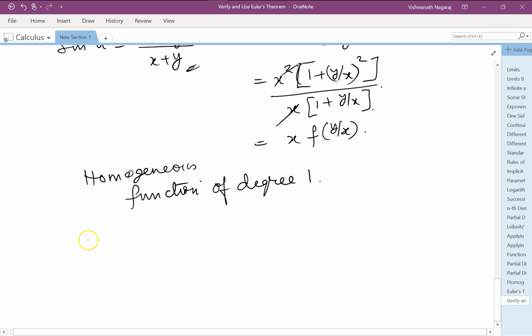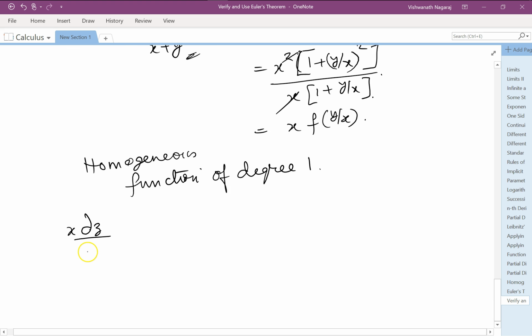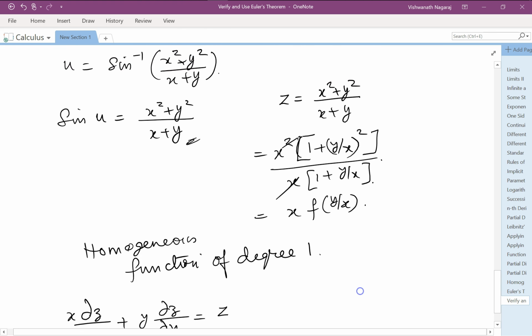So x dou z by dou x plus y times dou z by dou y is equal to 1 times z. Let's find this, multiply by x and y respectively and add them. Remember we have said z is equal to this, but this in turn is equal to sine u.